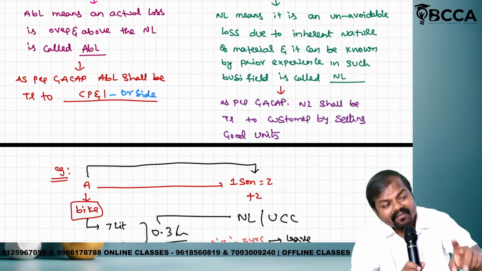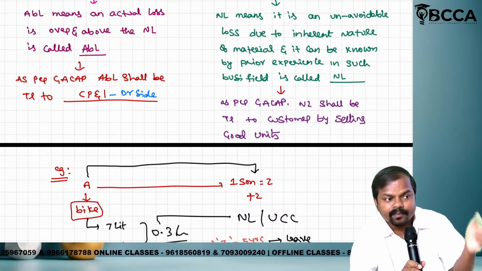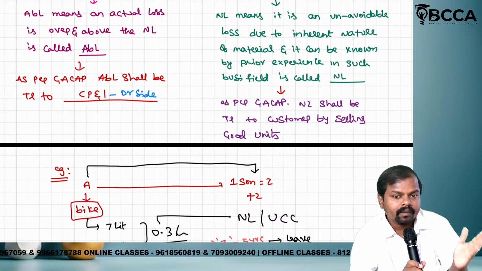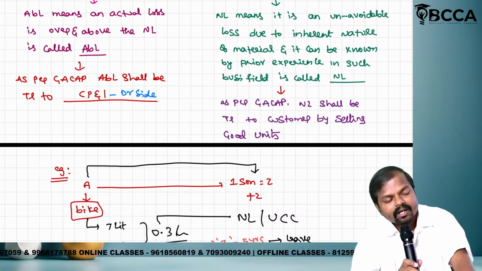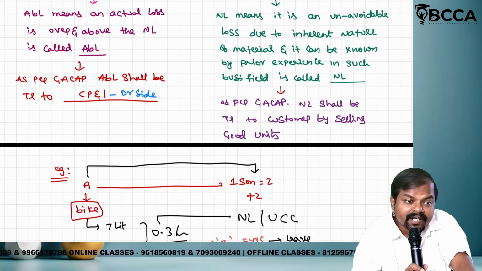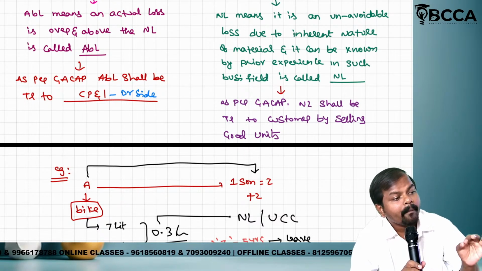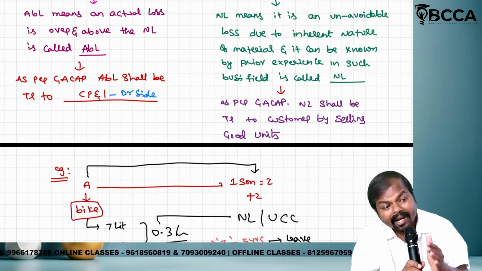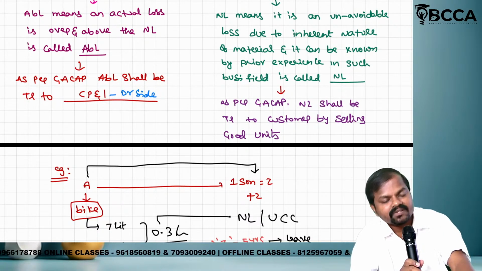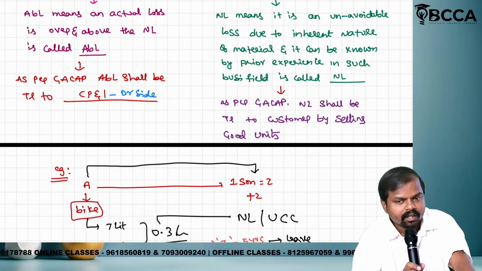What is meant by controllable cost? The name itself indicates it. If you read the terminology in reverse manner, controllable cost means cost controllable. It means cost which is easily controllable, subject to proper action and proper care taken by the management, is called controllable cost.